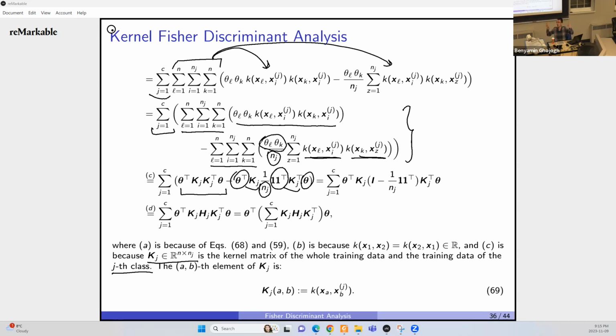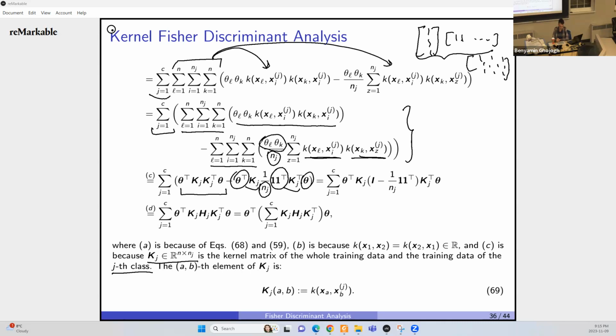It's a matrix of whole ones. Okay, it's different from identity matrix. Identity matrix has only 1 in its diagonal, right? But this has all ones in all of it, right? No, 1 is a column vector of 1s. 1 transpose is a row vector of 1s. So the whole thing becomes a matrix of 1s.